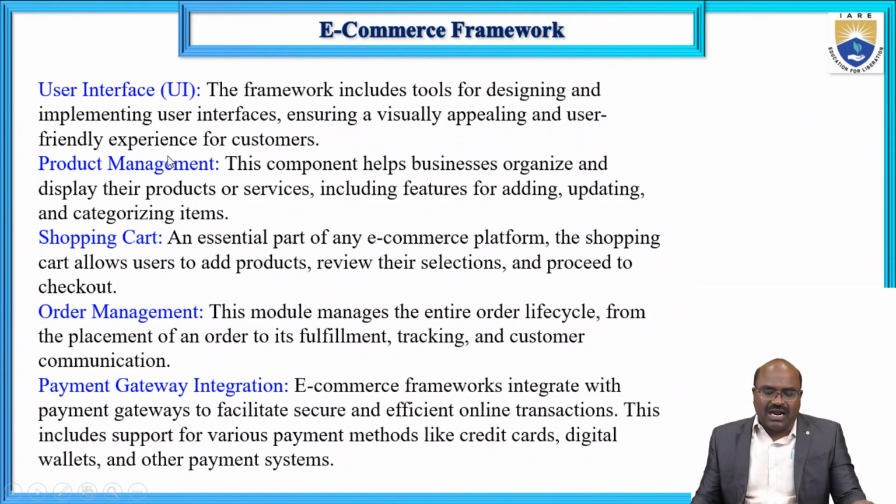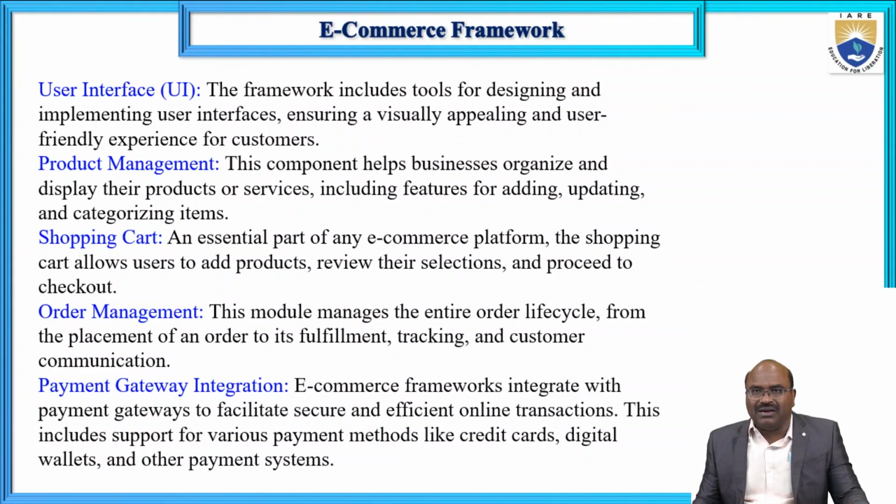Another important thing is the order management system, or simply order management. This module manages the electronic order lifecycle, from the placement of an order through its fulfillment, tracking, and customer communication. For example, on Amazon, we can book an e-commerce book.